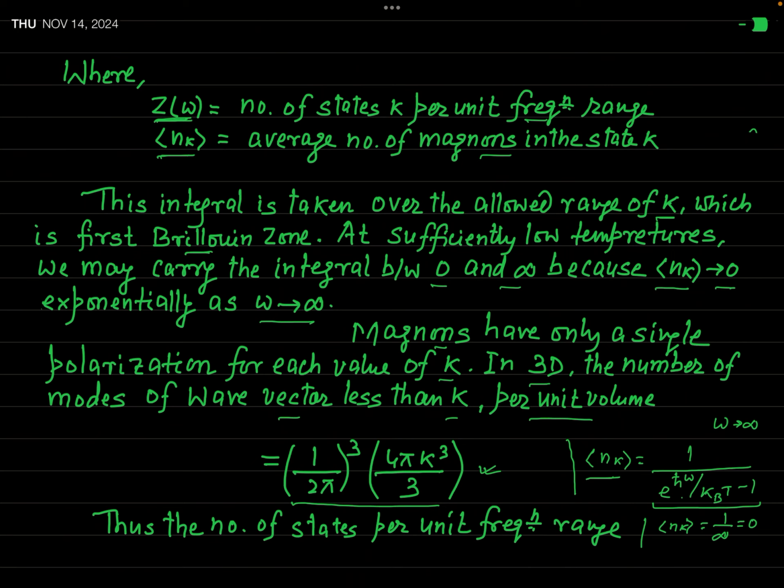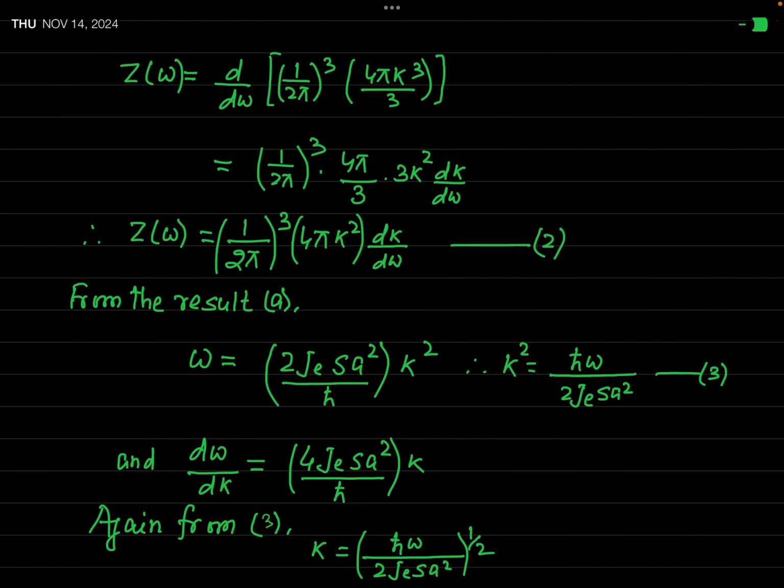Okay, and for this we will have to differentiate it with respect to omega. So you can say that z omega is given like this. This is d over d omega. When you say d over d omega, it means you are talking about the number of modes of vibration per unit frequency range, and 1 over 2 pi whole cube times 4 pi k cube over 3.